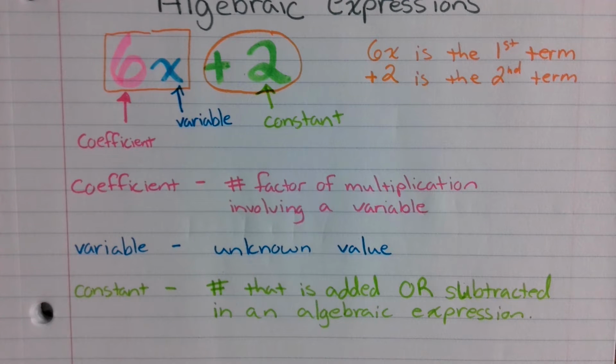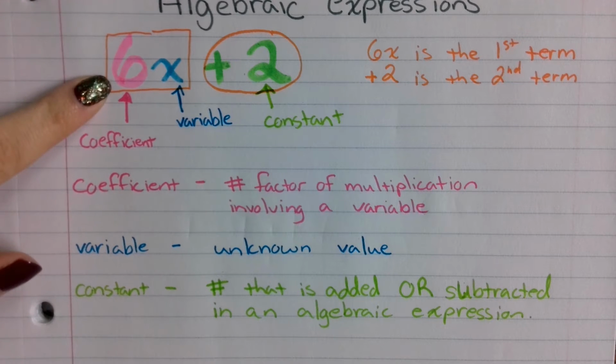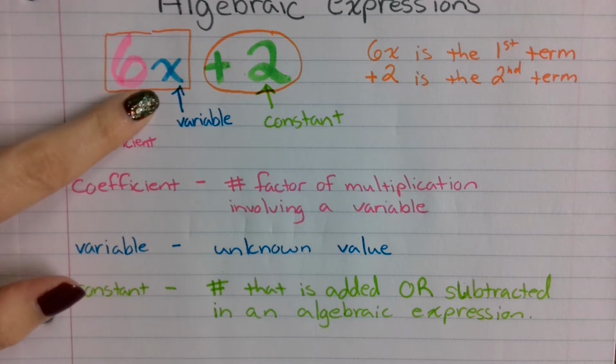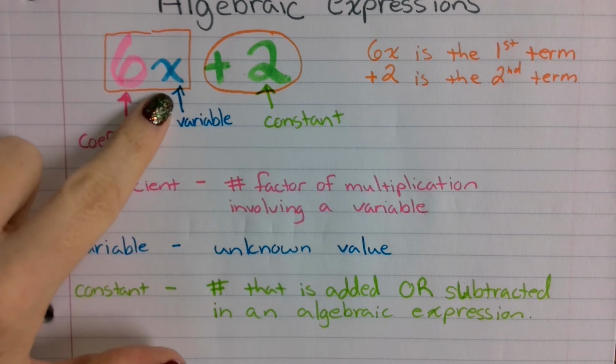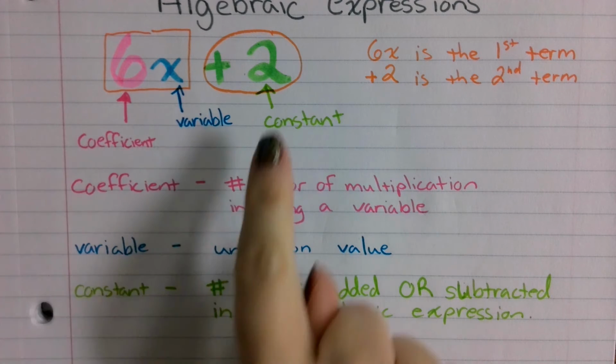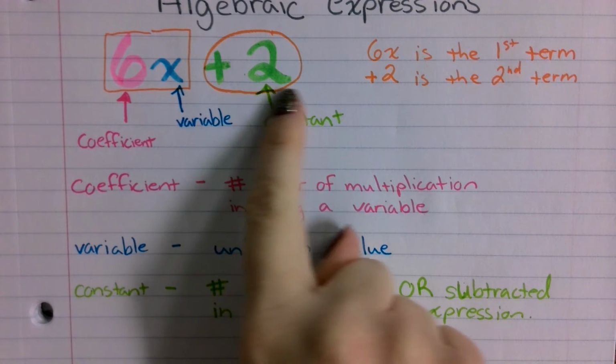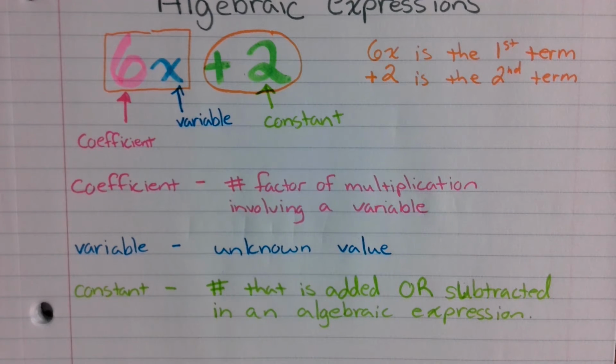And we'll get more into that later when we talk about a different property. Okay? So these are the parts of our algebraic expressions. Our coefficient, which is what's being multiplied, the variable, which is your letter, your constant, which is your addition or subtraction number, and then separating them out, they're considered to be terms.